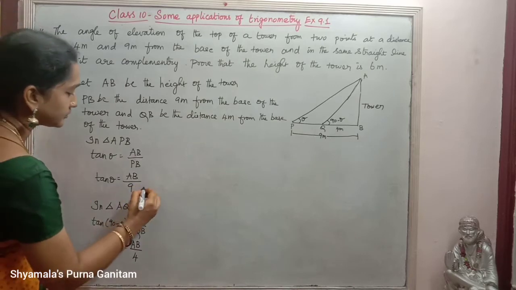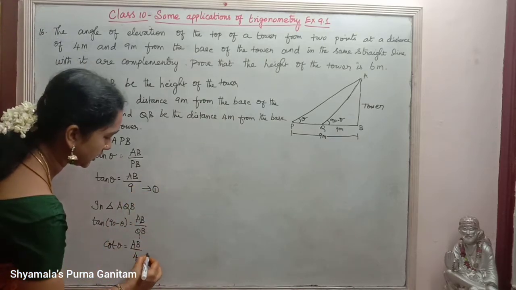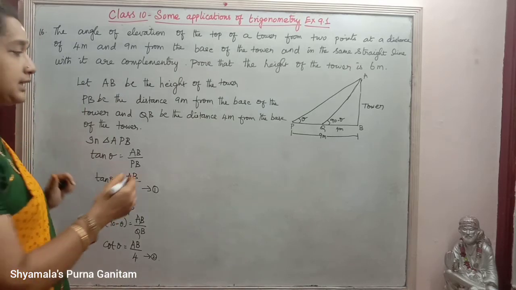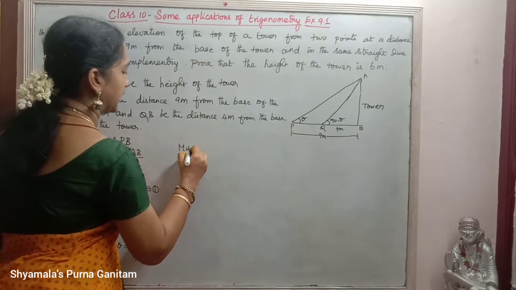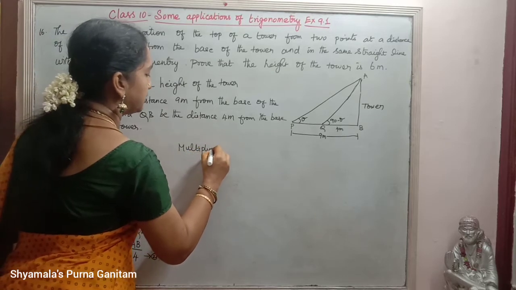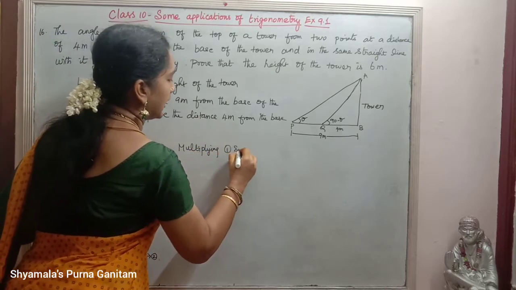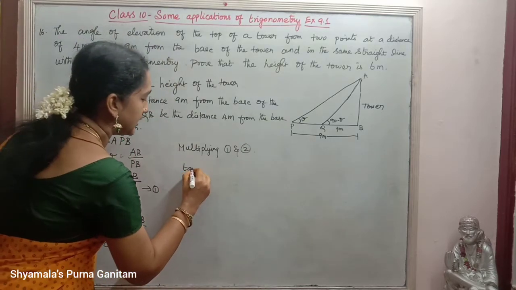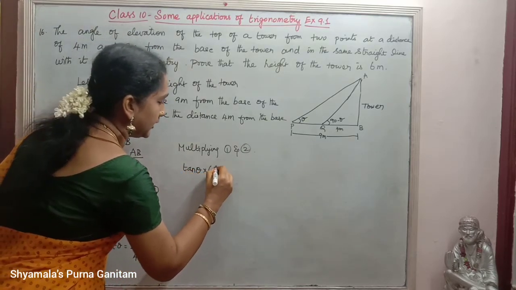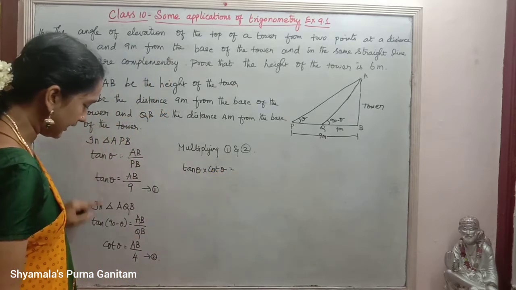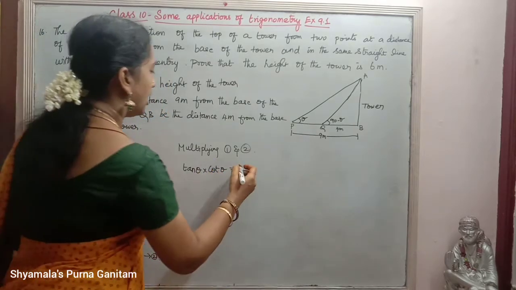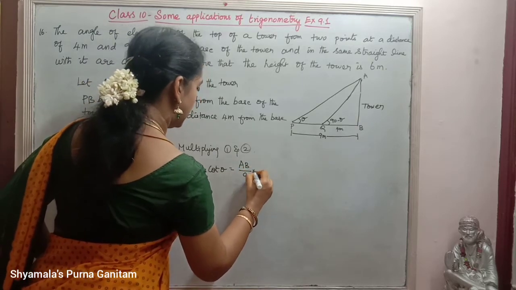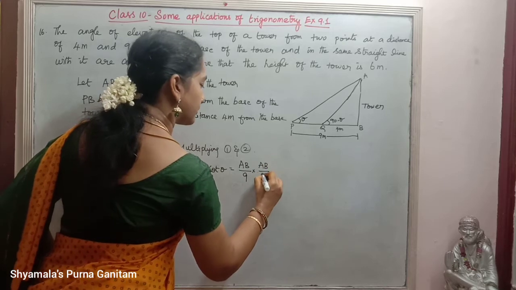So now we take this one as the first equation and this one as the second equation. Now we will multiply the first and second equations. On the LHS we get tan theta into cot theta, and on the RHS we get AB by 9 into AB by 4.